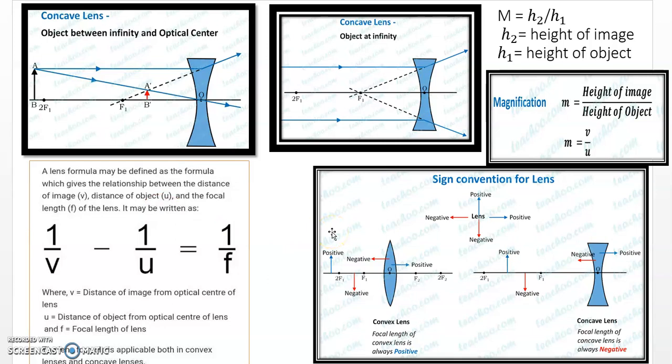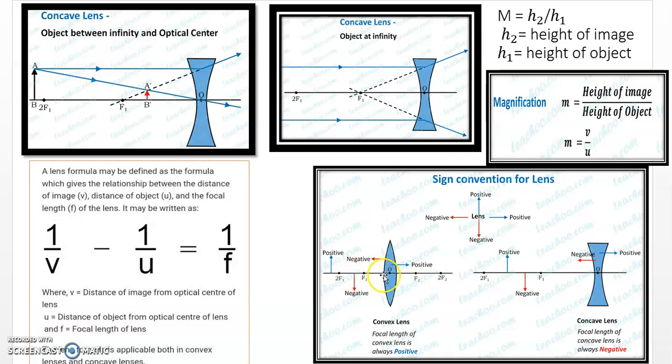You can refer to the textbook page number 84. Now for the Cartesian sign convention, here it is given. You can see the right hand side will be positive, the left hand side will be negative, upward is positive and downward is negative. The same rule is applicable for the concave and the convex lens. So to the right of the optical center it is positive.